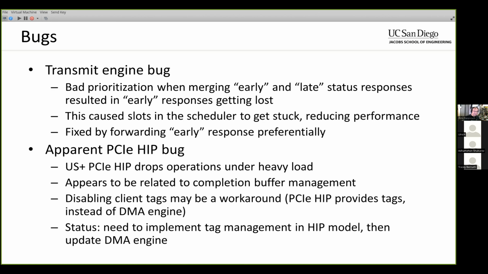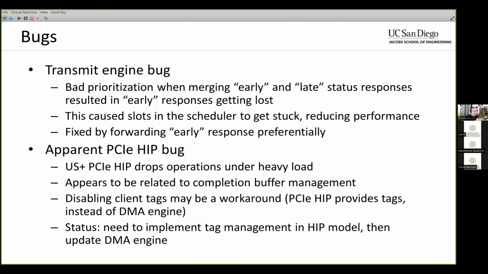It seems like this bug is related to the completion buffer management logic inside the core. On the Xilinx devices, I believe it's a 32 kilobyte buffer that is reserved for completions for requests that are sent out over the link. And it won't send out a request, or at least it shouldn't send out a request, until it has reserved space in this buffer for the corresponding completions.